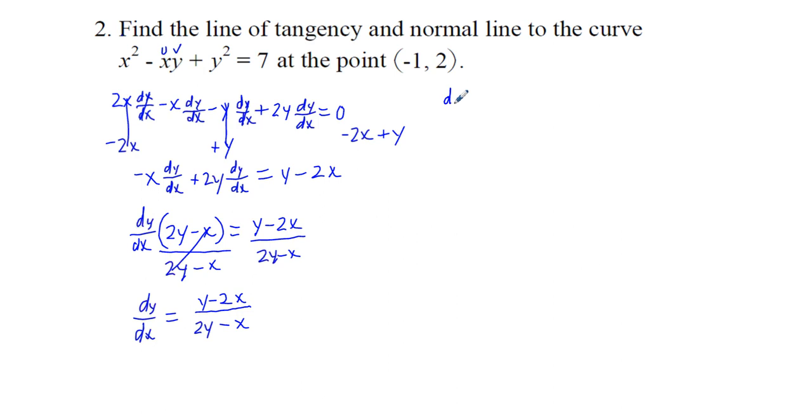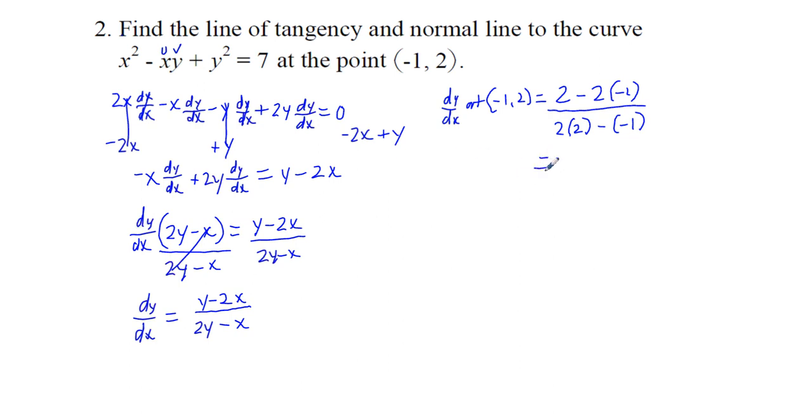So I'm going to say dy/dx at negative 1, 2 is equal to, we just substitute in here, y, so y is 2, minus 2 times x, which is negative 1, over 2y, and y is 2, minus x, which is minus negative 1.